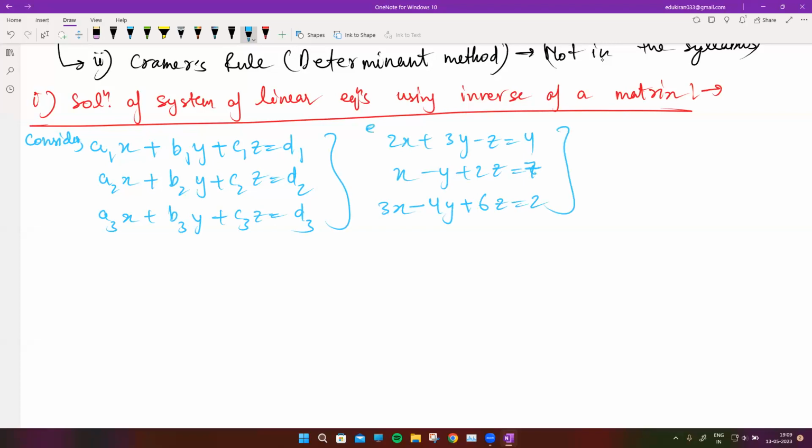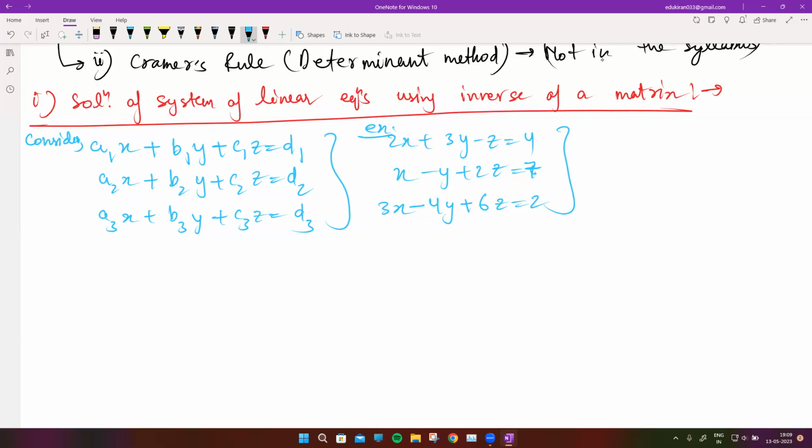So this can be an example of a system of linear equations in 3 variables. Now also understand, if all these constant parts are 0, then the same equation, like 2x plus 3y minus z is equal to 0, x minus y plus 2z is equal to 0, 3x minus 4y plus 6z is equal to 0.